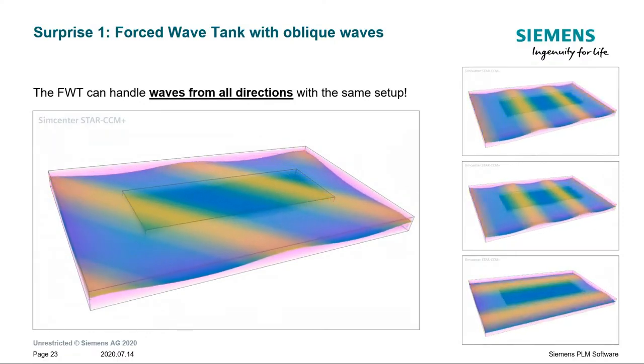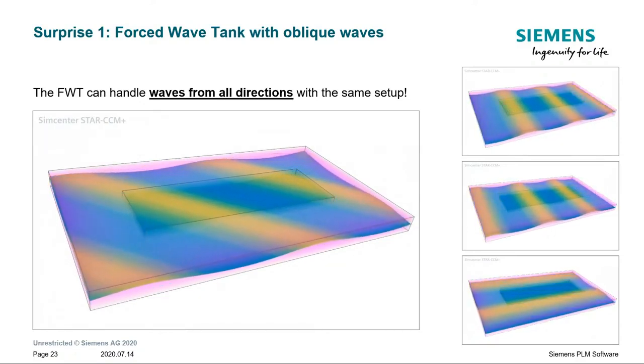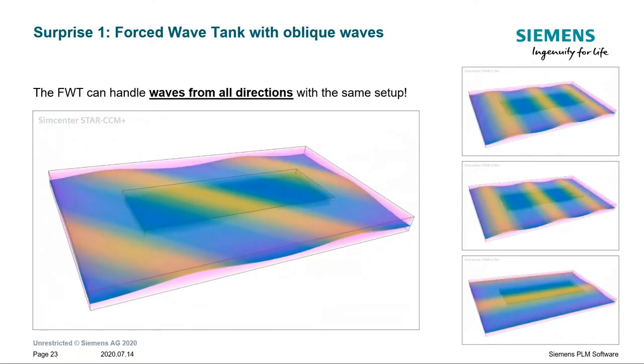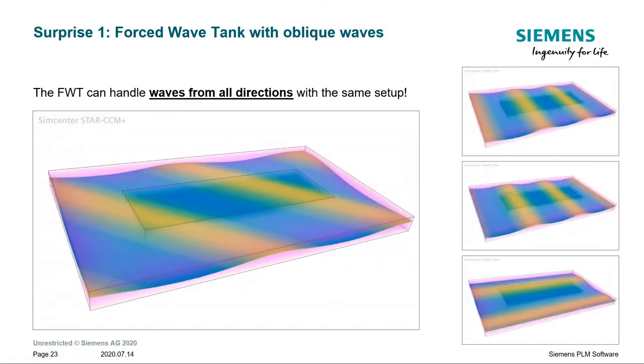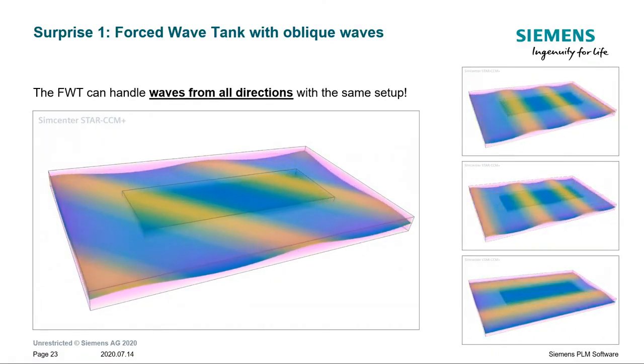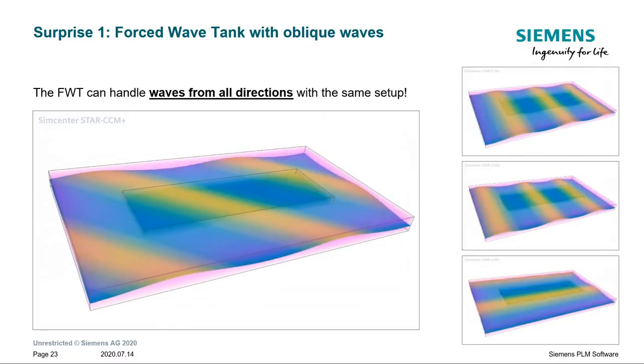It is true that the mesh won't be aligned, for example here in the case of oblique waves, but actually if we follow the recommendation in terms of spatial discretization and time discretization, as you can see here in the picture, everything will go on pretty smoothly.